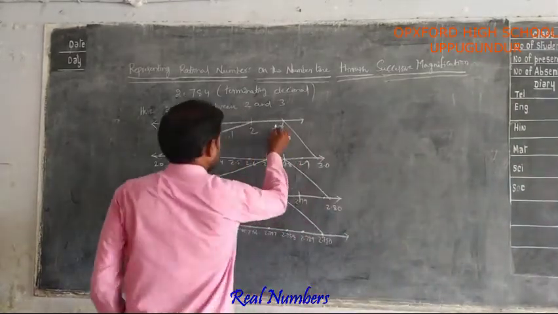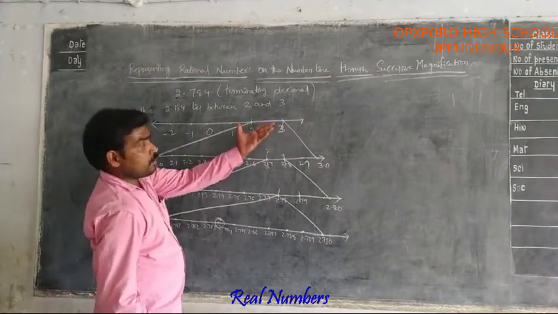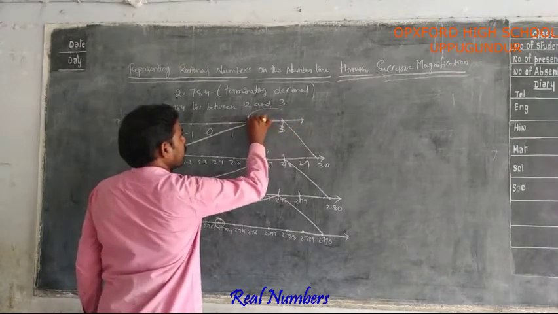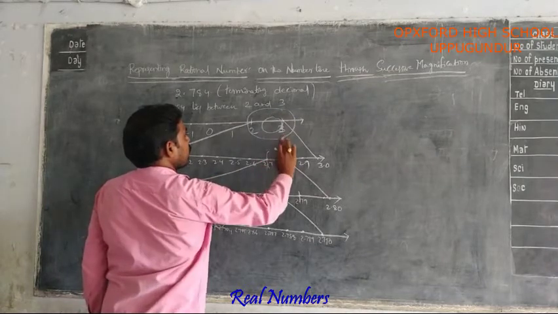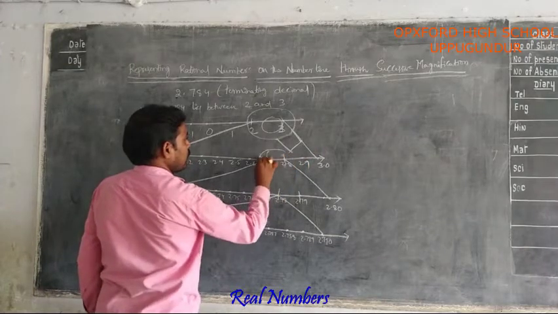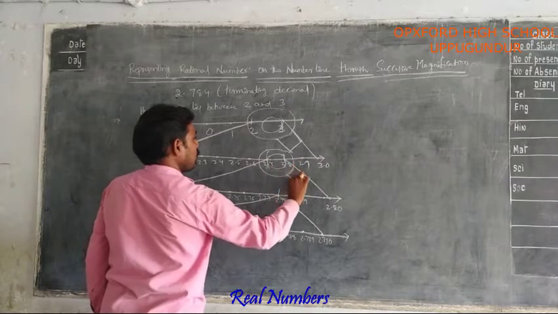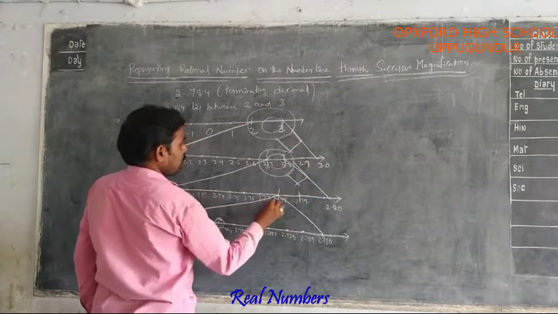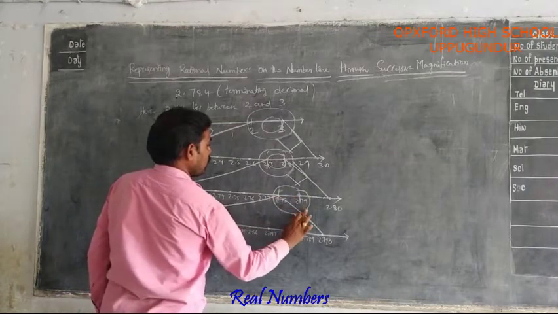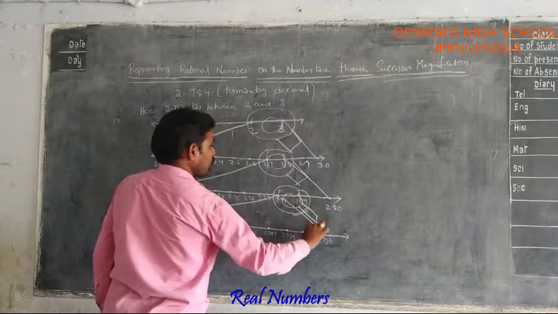Here you have to represent it through successive magnification, means with a magnifying mirror you have to represent this. That's why here you have to draw a magnifying mirror.